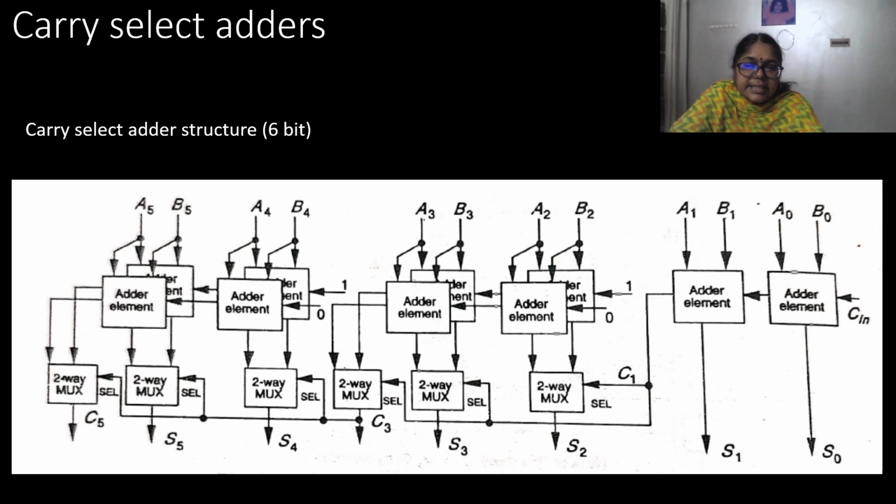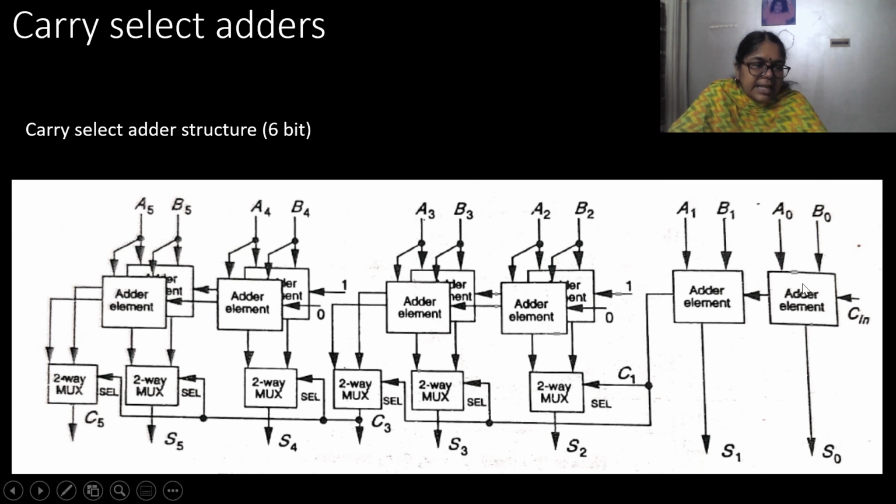Thus, here we can see that the carry select adder structure for 6 bits has been shown, wherein you can see that the first adder block consists of 2 adder elements here. Now these 2 adder elements are going to take A0, B0, A1, B1 as the inputs.